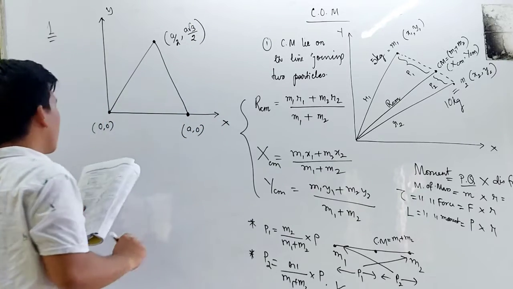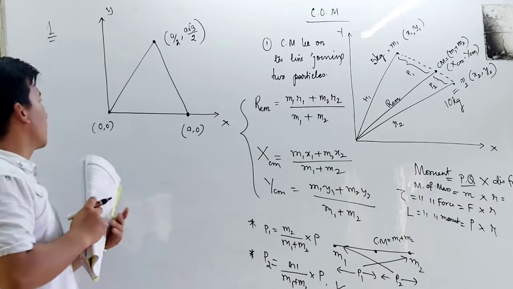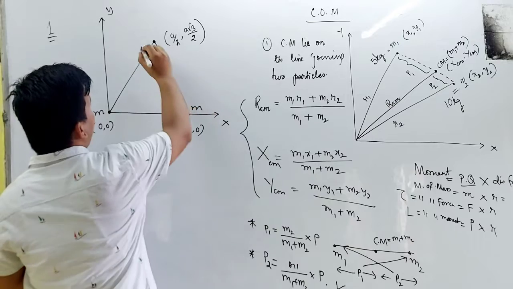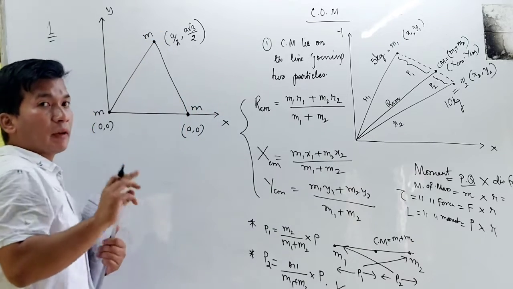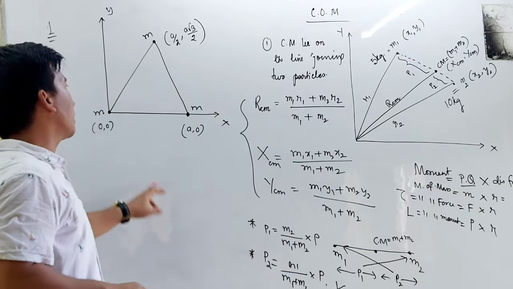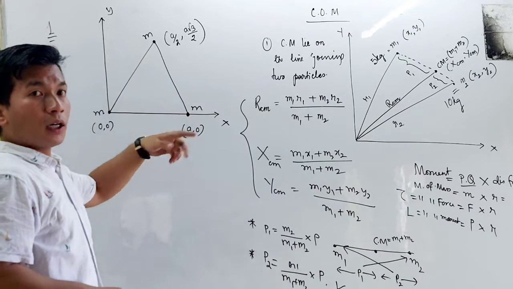There are three bodies of equal masses M. We consider this to be M, this to be M, this to be M. Equal masses are placed at three different positions. One at the origin, another on the x-axis.